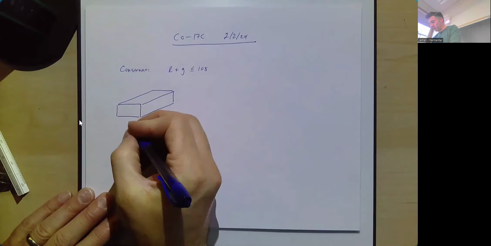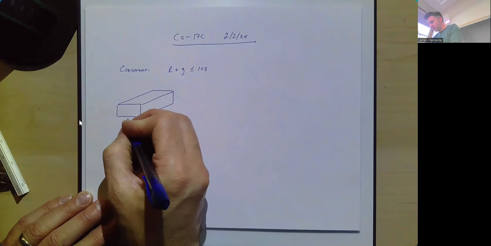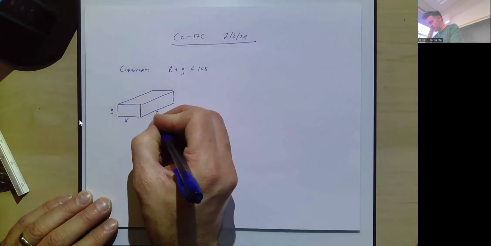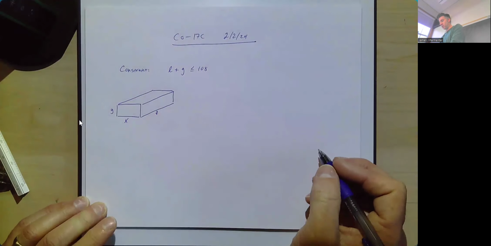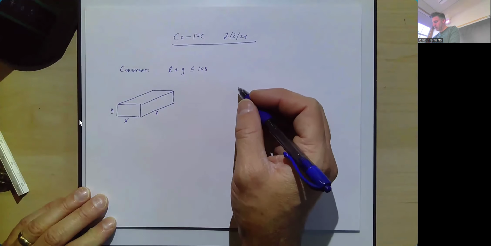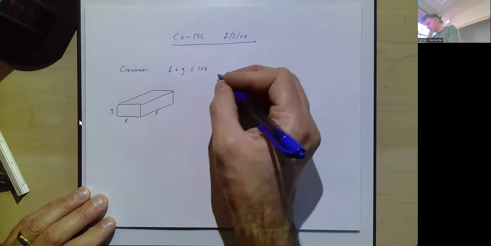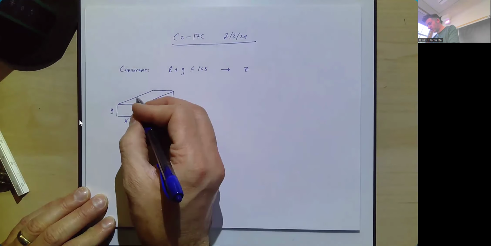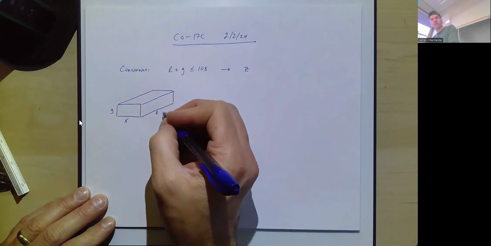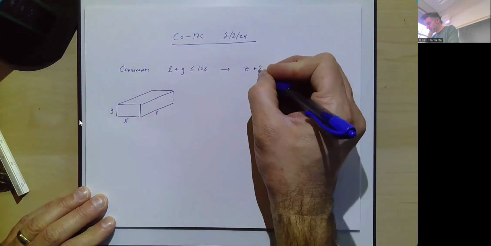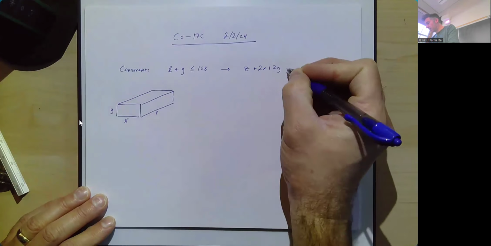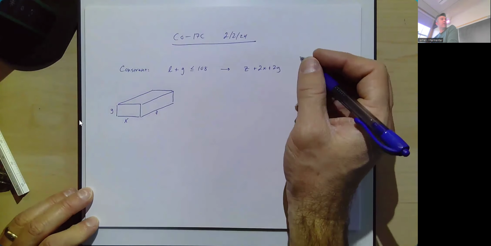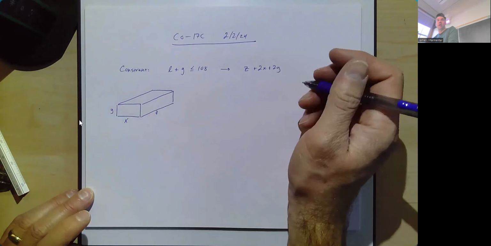So I'm going to call this X, this Y, and this Z, as I think I did last time. Our constraint here is that the length, which is Z, plus the girth, which is 2X plus 2Y, is less than or equal to 108, but we're going to say equal to 108 because we want to use up all the dimensionality that we have.